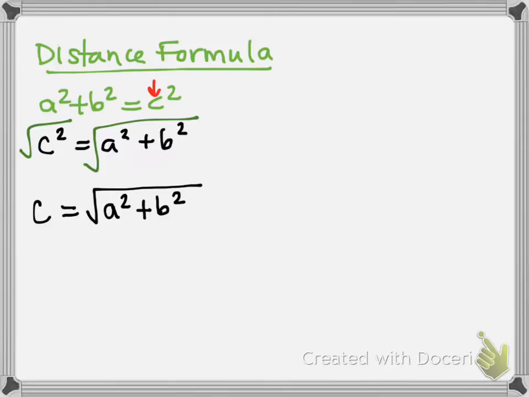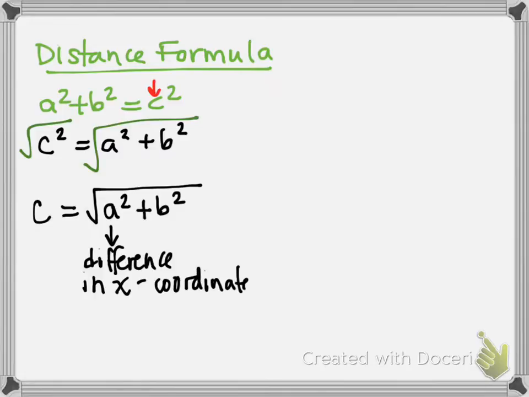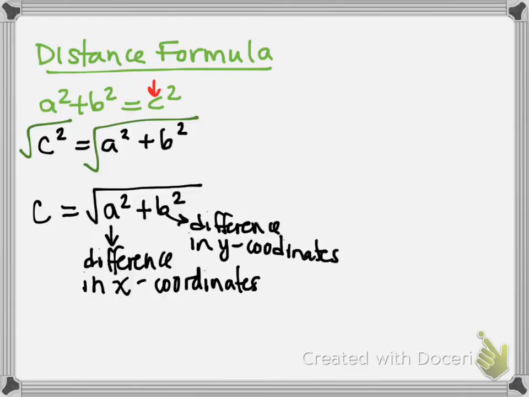But the a really just represents the difference in the x coordinates. That's how I figured out that distance on the x-axis. And the b just represents the difference in the y-coordinates. That's how I got that vertical height. So the distance formula says this.